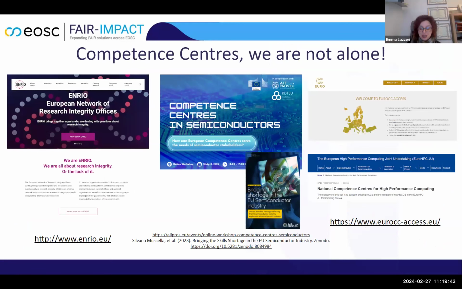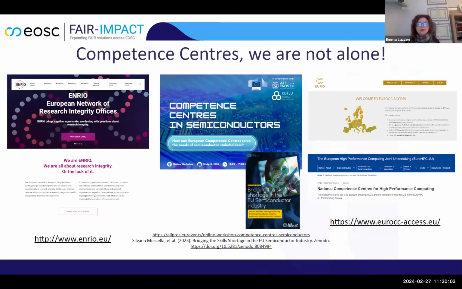Regarding the concept of competence centers, I've shown you our definition, but this definition doesn't come out of the blue. Competence center is a concept that has been used and is being used in different contexts.